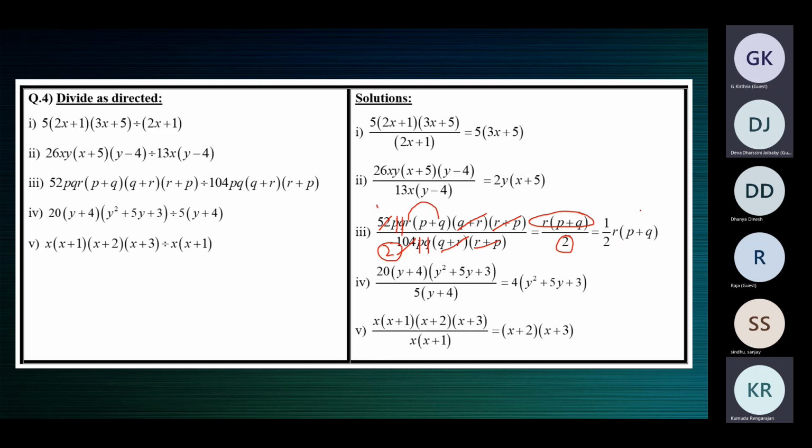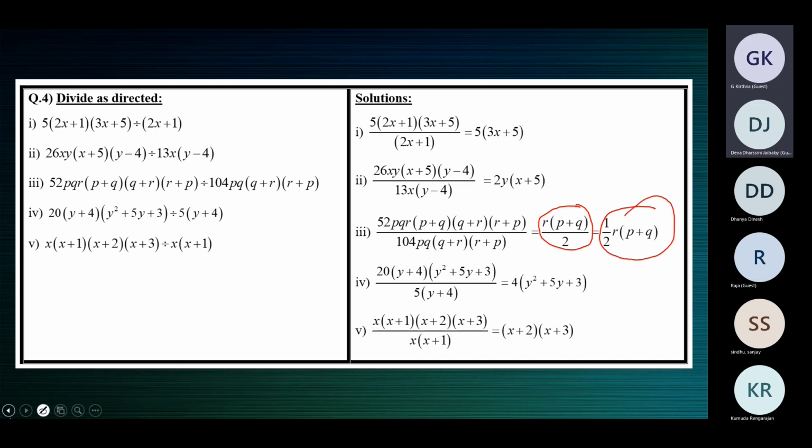So 1 by 2 into R of P plus Q. You can leave your answer here also, children. But you should also understand this. Yeah, next one.